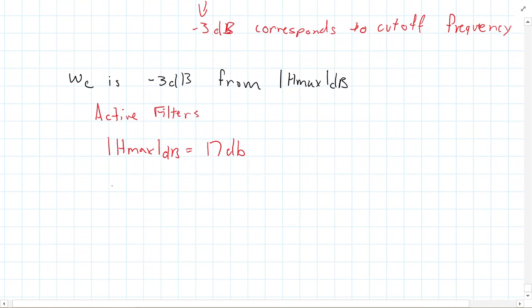Then omega c would correspond to the point where we are at 14 decibels. It's not always minus 3, it's minus 3 from the maximum.